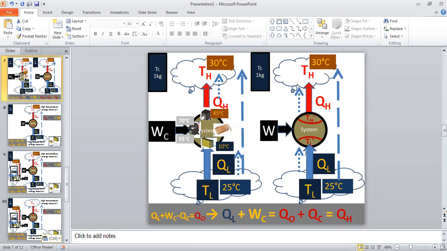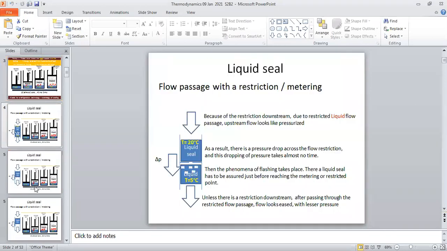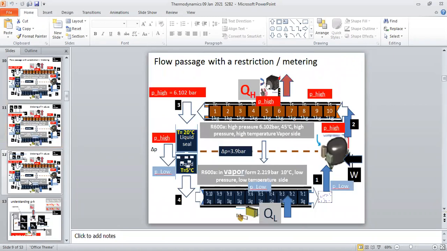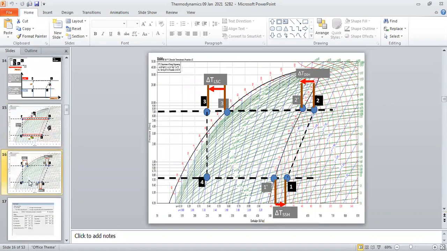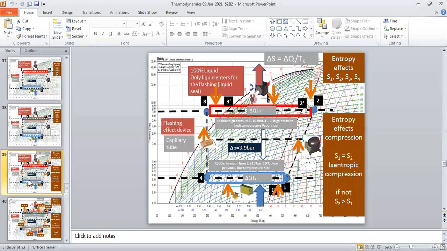Fine. Okay. Here we understand flashing, but this is a continuation of the refrigeration cycle. You can see how we have developed these pH diagrams and all. So nice. Okay, see, all well explained, not like in the textbooks.